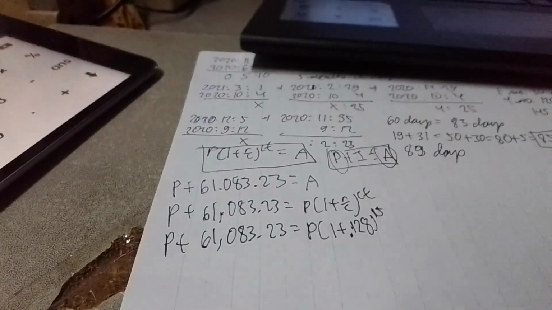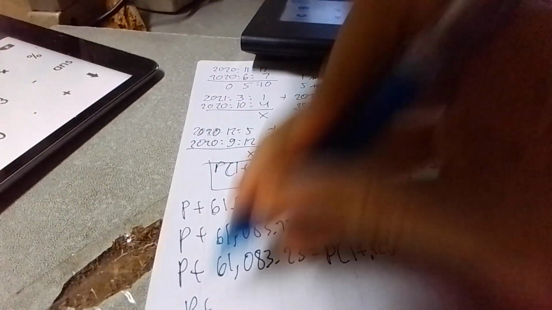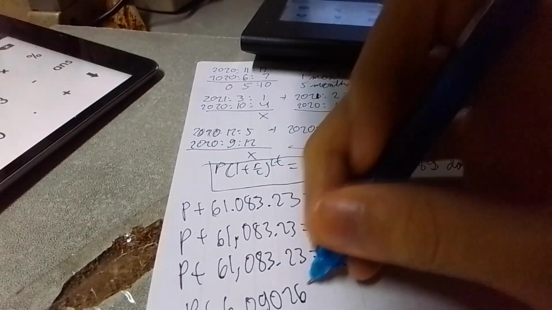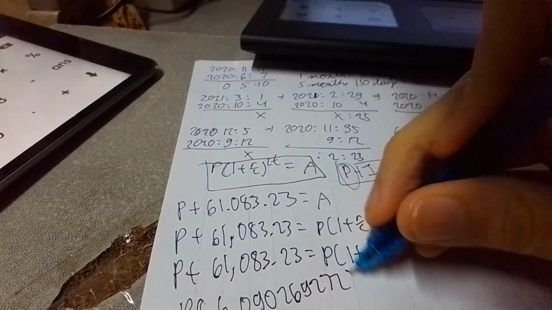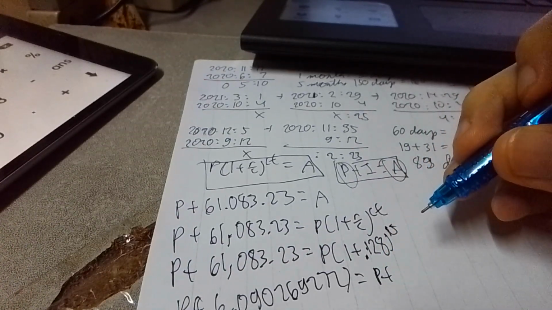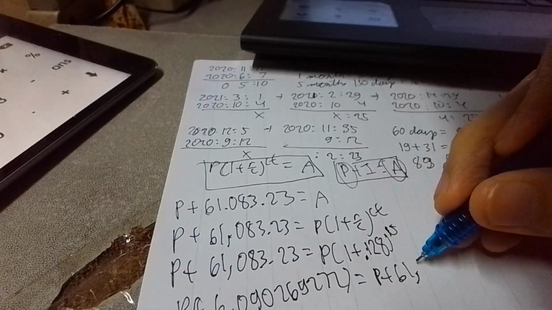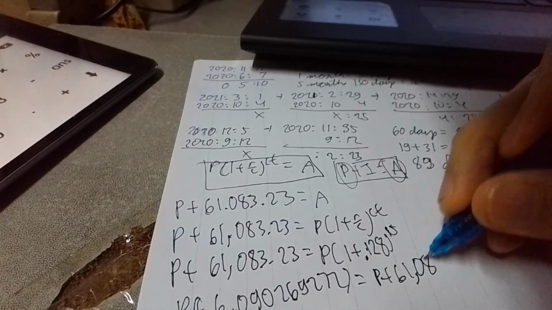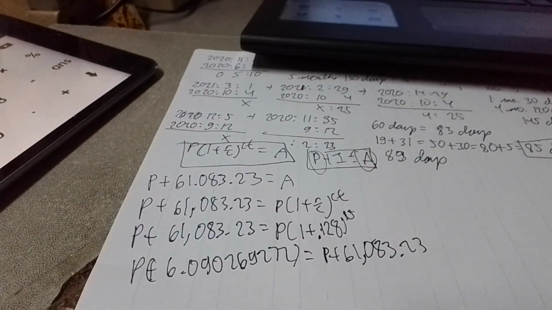So the next thing that we're going to do is P times 6.090269272, in parentheses, is equivalent to P plus $61,083.23.